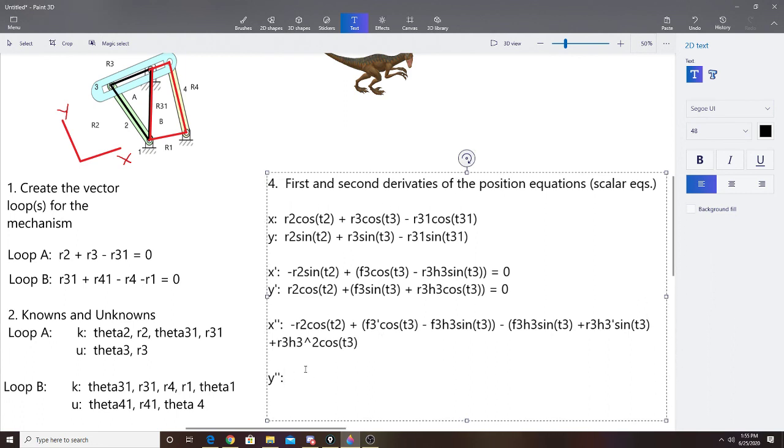And now basically the other one exists the exact same, just in the opposite. So I'm going to write it out really fast so everyone can see. Minus R2 sine T2 plus F3 prime sine T3 plus F3 H3 cosine T3.